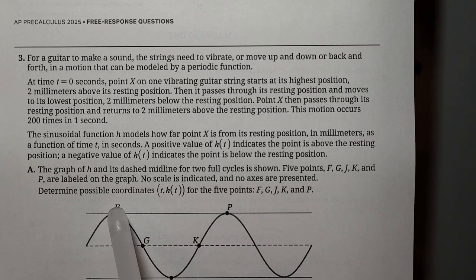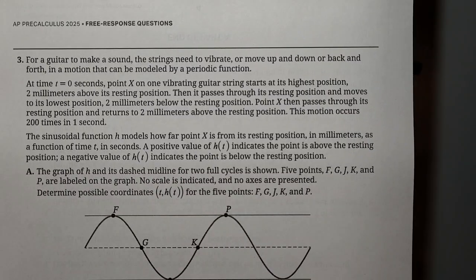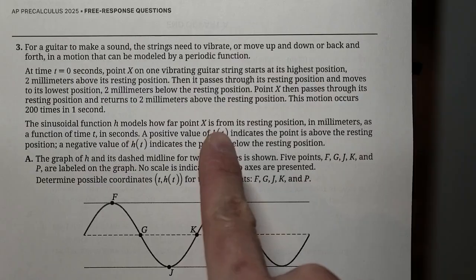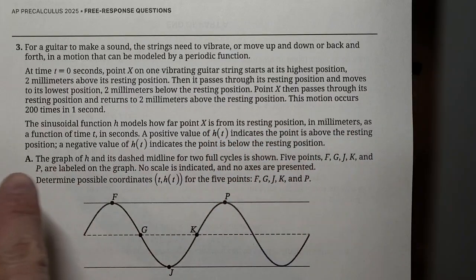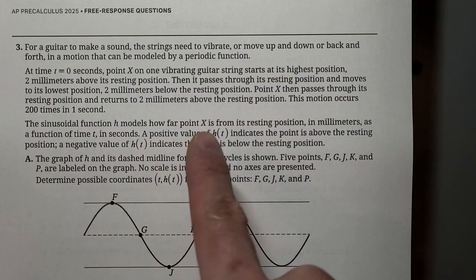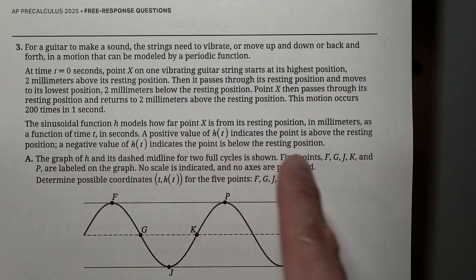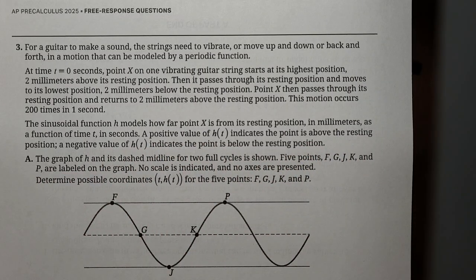Start at 2, decrease, go to -2, and I'm giving parts of the answer already. The sinusoidal function h models how far point x is from its resting position in millimeters as a function of time t in seconds. A positive value of h indicates the point is above resting position, negative value below. The graph of h and its dashed midline for 2 full cycles is shown. 5 points f, g, j, k, p are labeled.